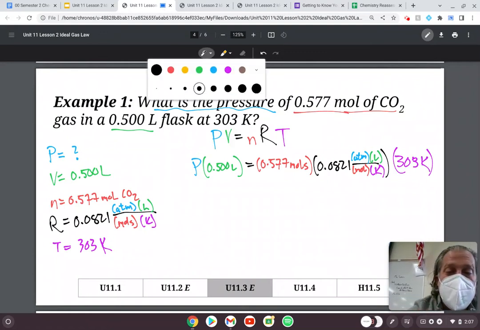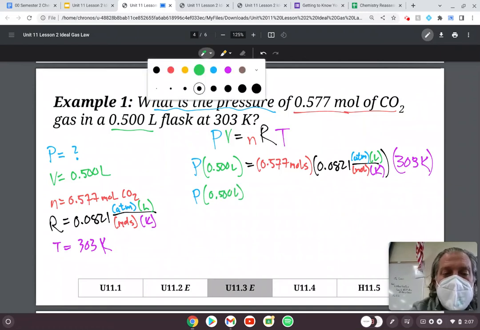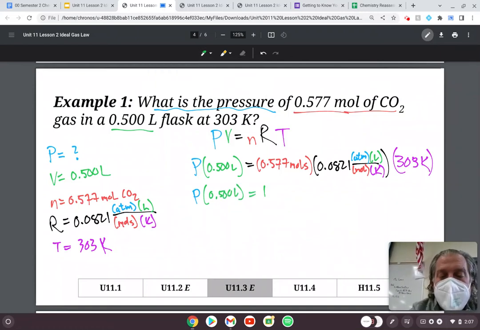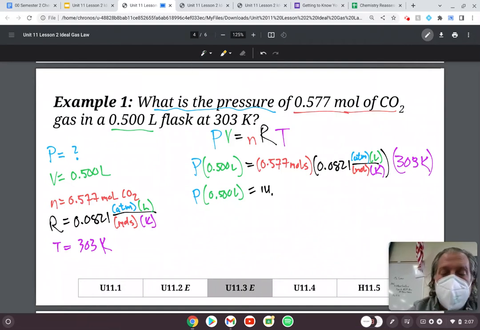And so what I'll be left with is this: P times 0.500 liters will equal 14.3536251.